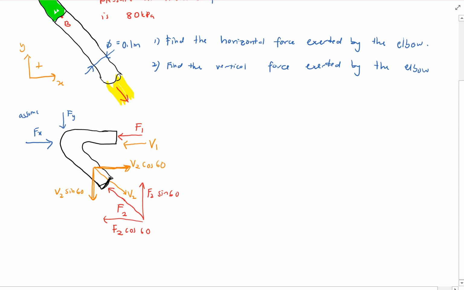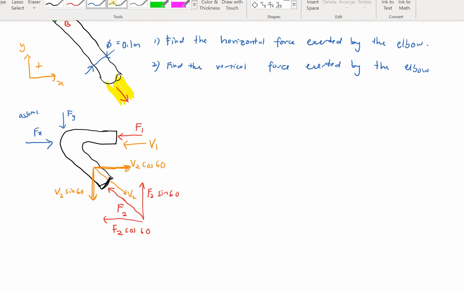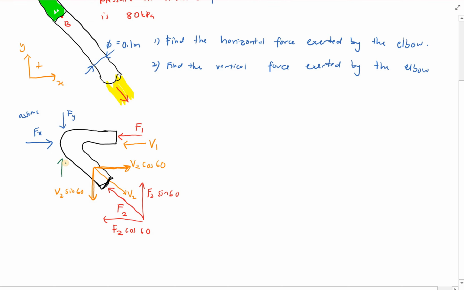Okay, can I have my Fy acting upward? Of course I can. It depends on your own assumption first. Later on, based on the final answer, if it's negative, meaning that it's not that way, it should be this way. Okay, we just have to adjust the direction based on the final answer later on. So we have completed our control volume diagram there with all the forces.